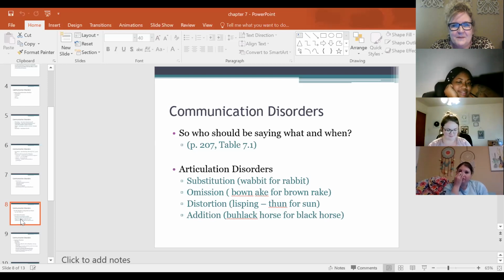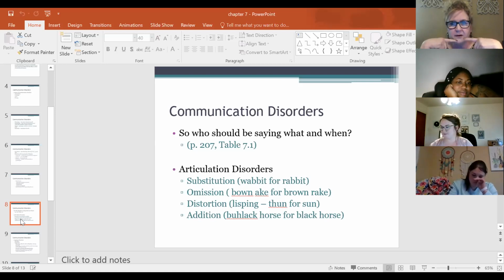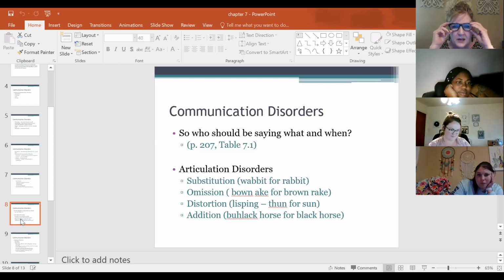But we can't expect kids to develop all those sounds at the same time. It's the way the mouth and all the structure therein develops, and so those sounds come at varying times. So let's look at the next bullet and see what some of these articulation disorders actually are.